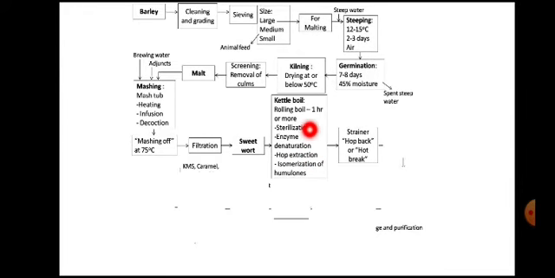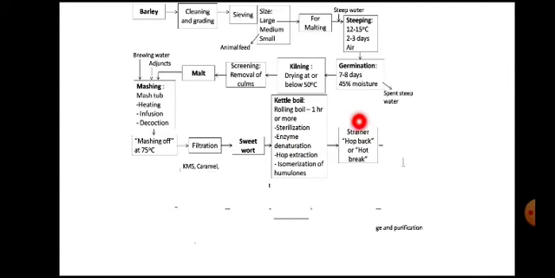So addition during this stage facilitates the extraction of humulons and lupulons, which are the hop substances that have brewing value, which are responsible for the characteristic flavor and bitter taste of beer.